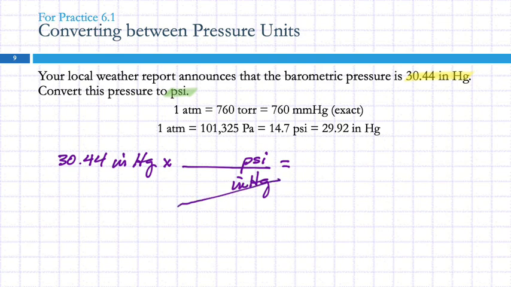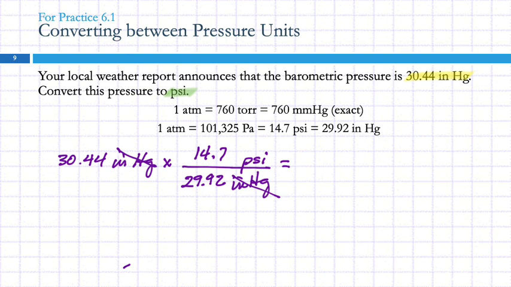Inches of mercury goes down here, so the units cancel out. Then I go look at the table of pressure units, and I see that 29.92 inches of mercury is equal to 14.7 PSI. I could convert inches of mercury to torr or to pascals or to atmospheres.